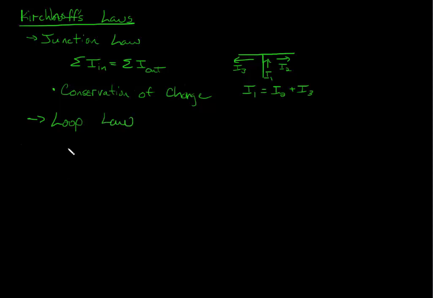And the loop law says that the total potential difference around a loop, which is the sum of all of the potential differences, is equal to 0. And this comes from the conservation of energy.